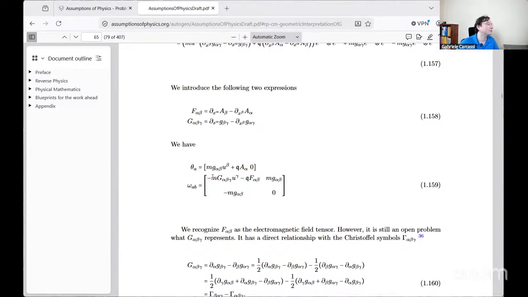And this raises the question, because this is not something that appears typically when people do differential geometry. Since this appears where the electromagnetic force appears, can I interpret this whole thing as some type of inertial force or not?